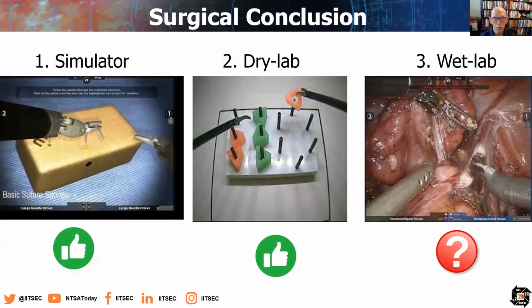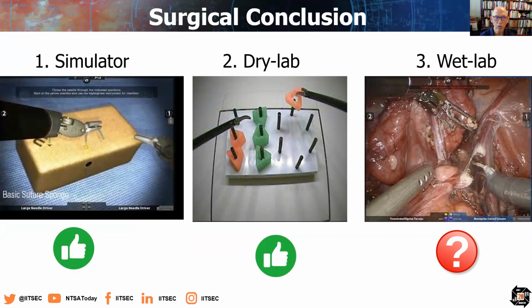All right, our conclusions. We believe from our experiment that we've shown that 80% accuracy from these algorithms is possible with simulator video. We believe you could get similar accuracy with a dry lab exercise if you improve the contrast in the exercise. And dry labs is where this is really actually valuable.